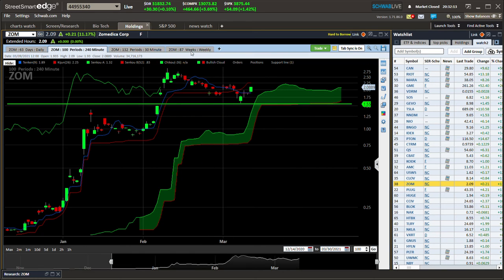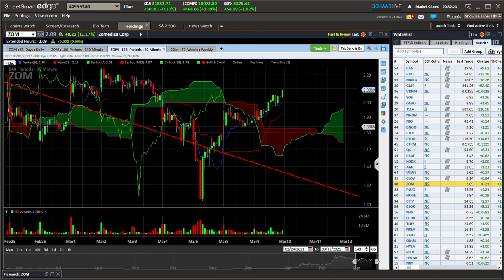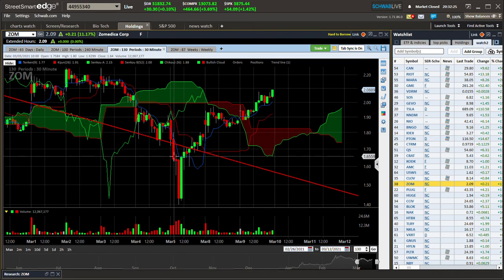Then let's look at a 30-minute chart. I like to look at these 3 time frames: 30-minute, 240-minute, which is 4 hours, and daily. So on the 30-minute chart, I mentioned before, we put on these twin sisters candles here that can indicate a reversal. Now we're back above the cloud.